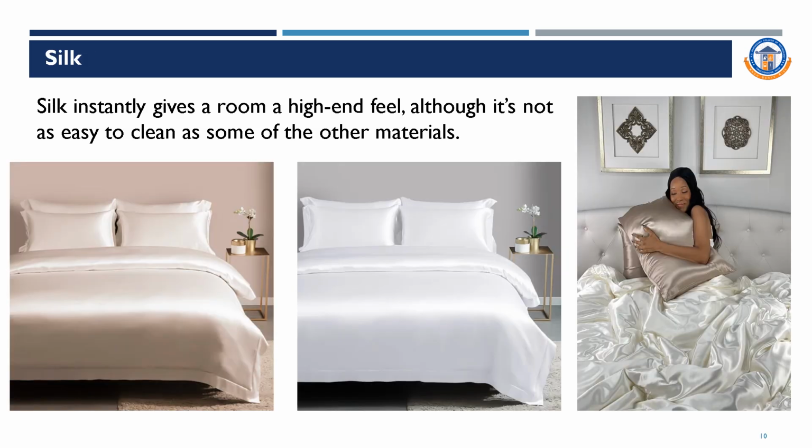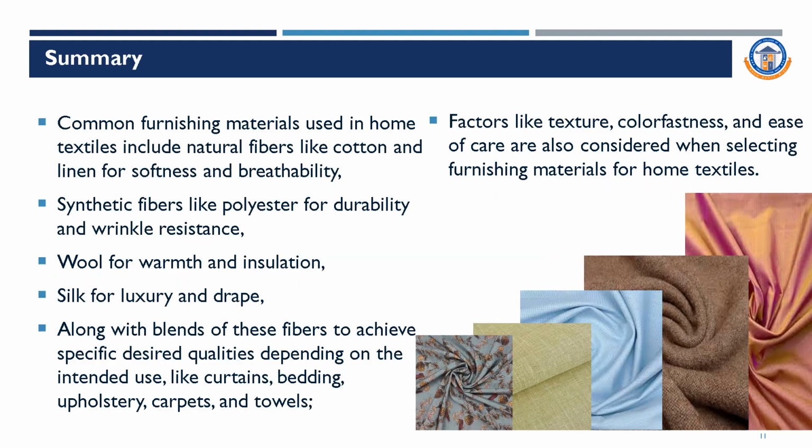Of course, silk can also be used as furnishings, because it gives a high-end feel, a very royal feel to that particular place. But one needs to understand that silk is not that easy to clean like other materials. Even then, if you want to make the place feel very high-end, then go for silk.